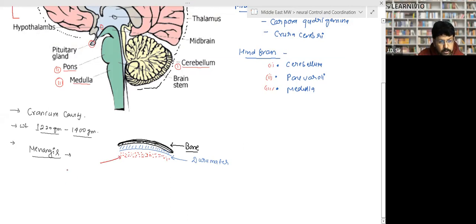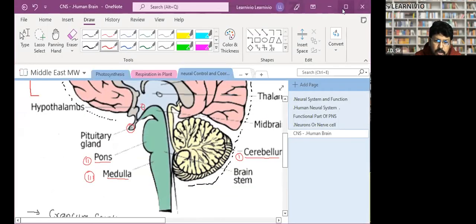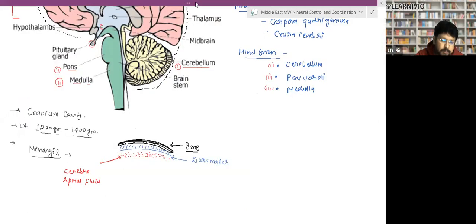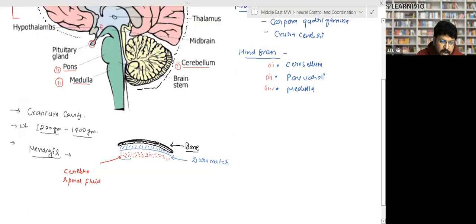The name of this liquid is cerebrospinal fluid. It protects from injury, from any kind of jerk, right? Below this liquid there is another membrane that has a web-like structure.